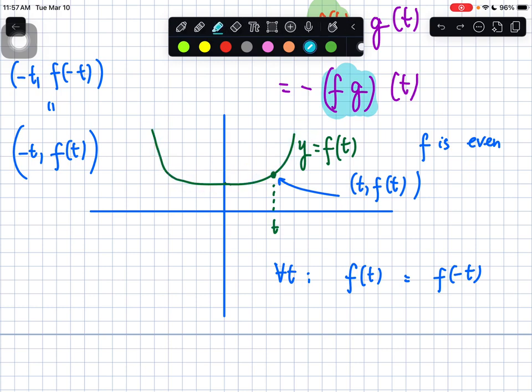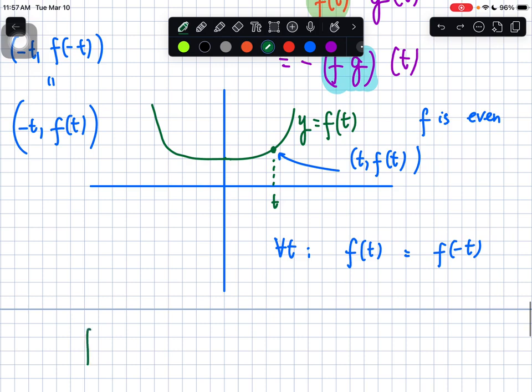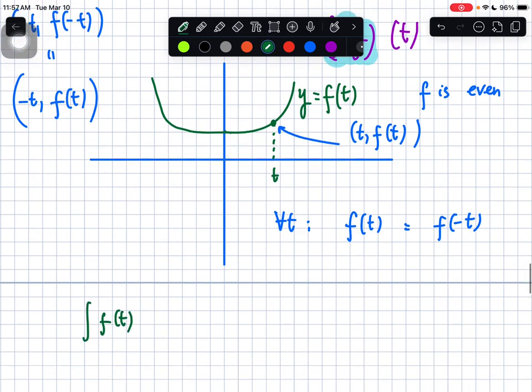And the integral of f(t) dt over a symmetric interval, minus a to a. For example, minus a is here, a here. This integral is the area under the curve for t between minus a and a.